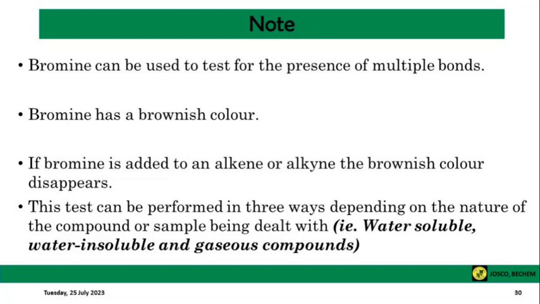These are the things you would note going forward in terms of the bromine test. Each nature of compound would have a different procedure for the bromine test, but the principle remains the same.